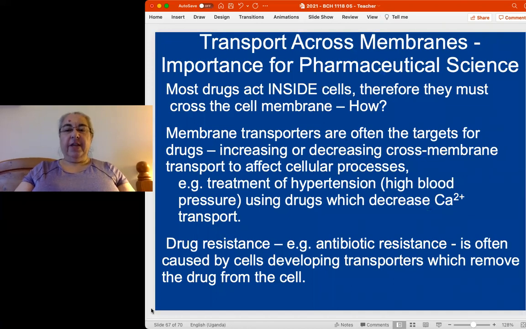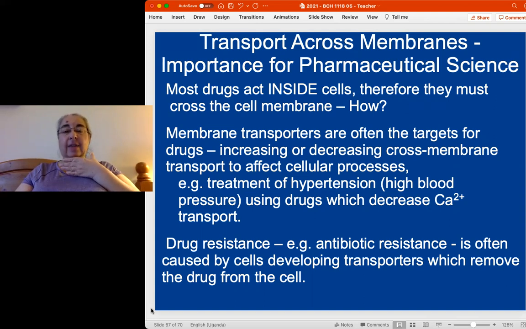Okay, I thought I'd finish with just a few words about why it's important for you as pharmaceutical scientists to know about transport across membranes. There are a number of very relevant questions that you need to ask if you're thinking about making drugs. Most drugs need to act inside a cell.